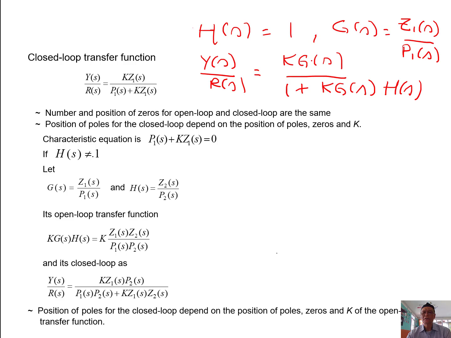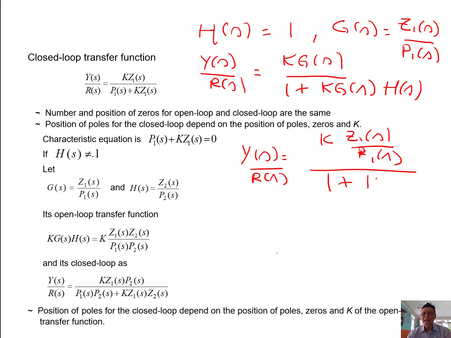So by knowing this is a closed loop function and knowing that G(s) is represented by this polynomial Z1 over P1, our Y(s) over R(s) will be K Z1(s) over P1(s) over 1 plus K Z1(s) over P1(s).